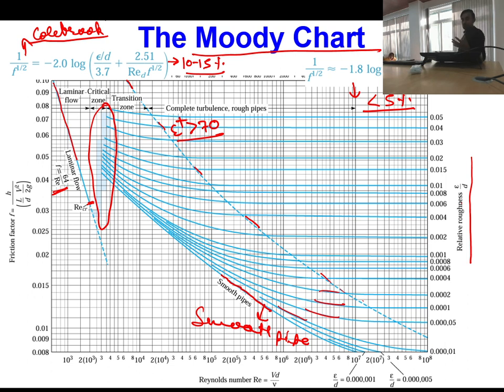So there are two possibilities. Either you can simply use this correlation to obtain the friction factor if you know epsilon by d and Reynolds number, or you can refer to the Moody's chart. The most correct thing is the Moody's chart. These correlations are developed to mimic the entire data of Moody's chart within a certain range of accuracy. Is this one clear?